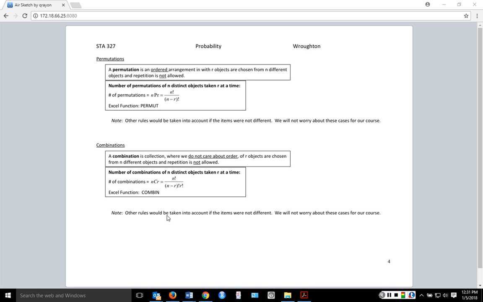So this introduces, we need this factorial for what's called permutations and combinations. I have these two together because they can be confused. So we're going to look at them both together before we actually try to apply one. So a permutation has order involved, whereas a combination, we don't care about the order.